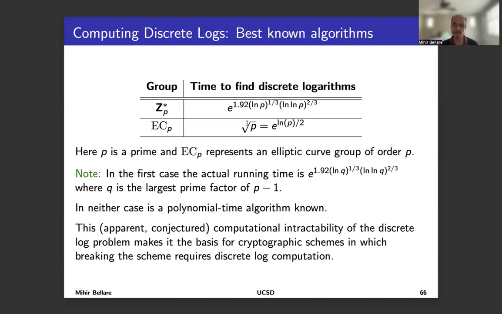So these are the best possible algorithms, and again, their running times are actually quite slow, not as slow as the naive algorithms, but still slow that if p is large, these times are prohibitive. And that's going to be the basis of security for discrete log-based schemes. It is good to note, however, that this difficulty is conjectured in the sense that these are the best algorithms people have found.